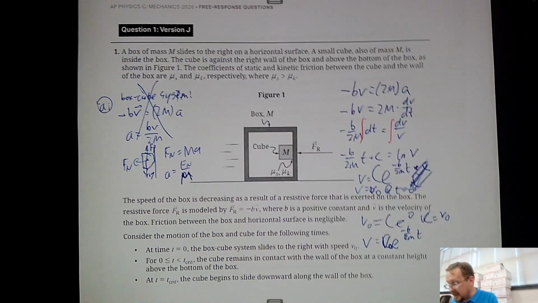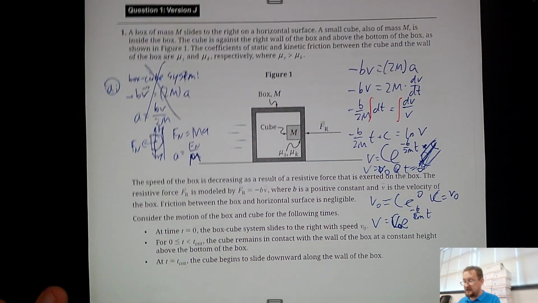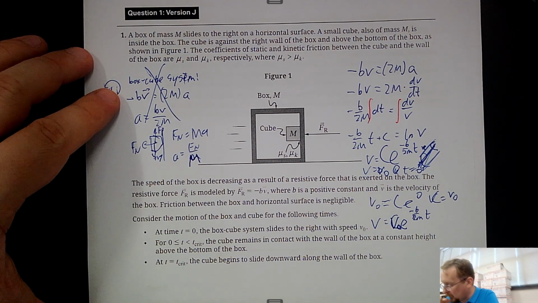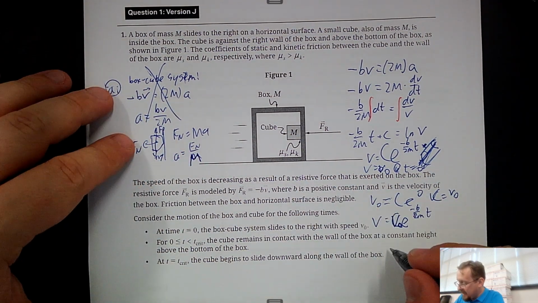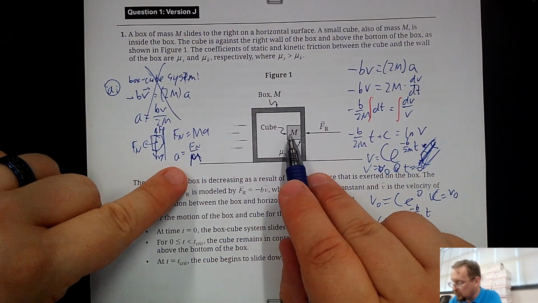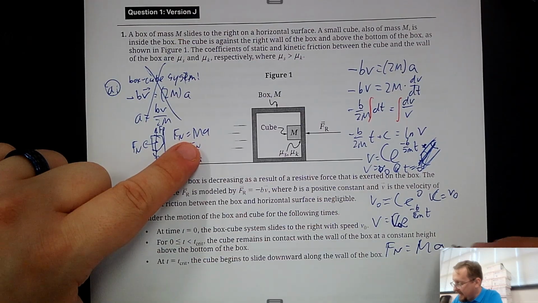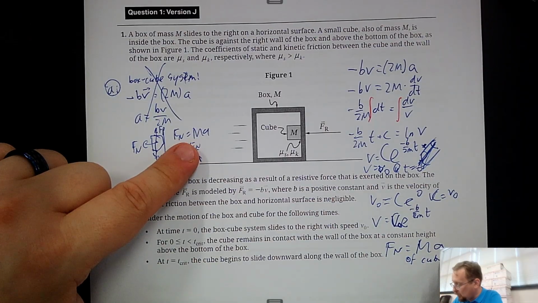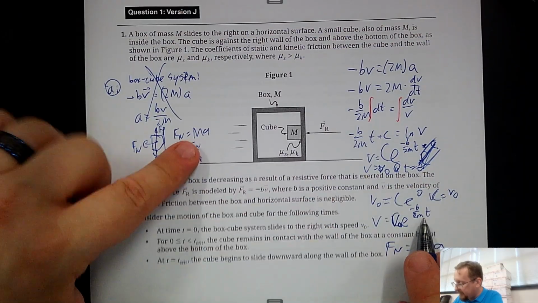Now, the next thing I'm going to say is that the normal force is equal to ma of the cube only. Well, this is the v of the cube.